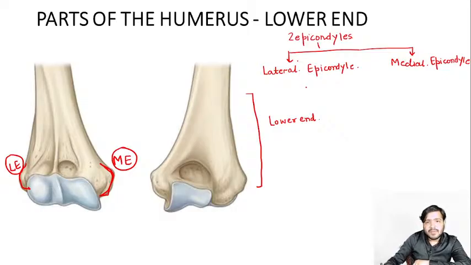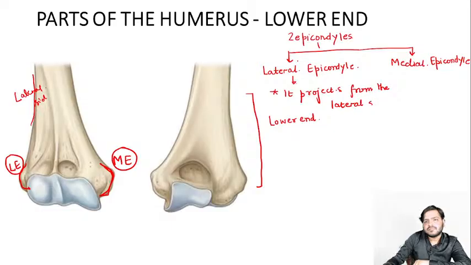So remember guys, the lateral epicondyle basically projects from the lateral side of the lower end. This is the lateral side, the lateral border. It is less prominent than the medial epicondyle.